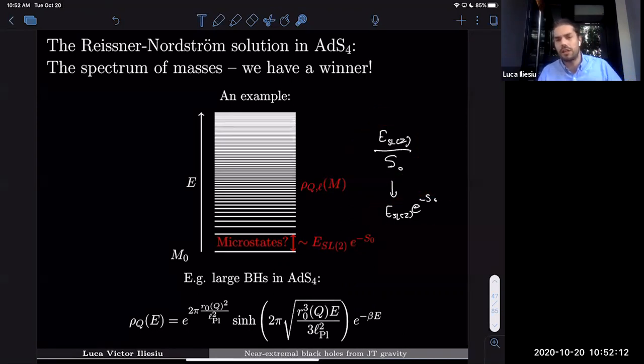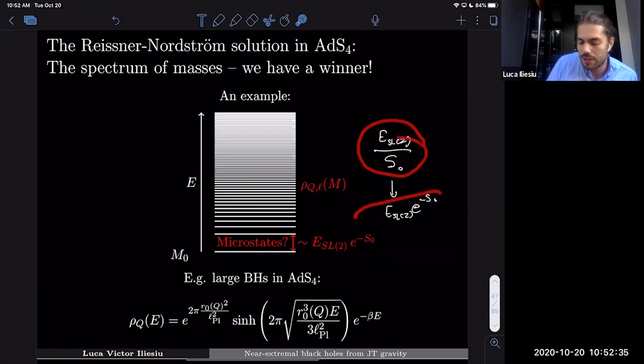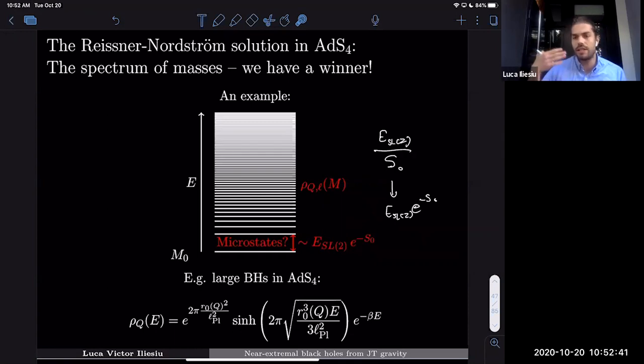But for instance, if I look at a completion of this model given by something like SYK, the actual gap that people see there scales like e to the minus S0, but we cannot be entirely sure. Nevertheless, this tells us something very important. If we take this result at face value, it tells us that e to the S0 does not count the ground state degeneracy of the Reissner-Nordström extremal black holes.